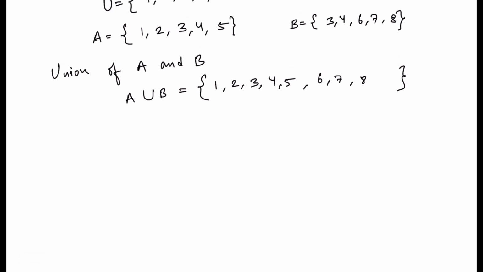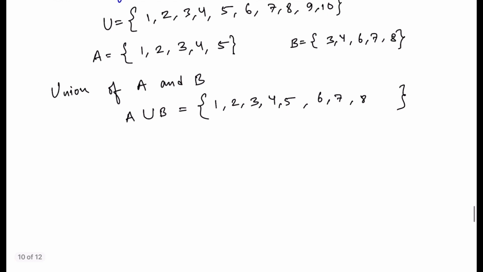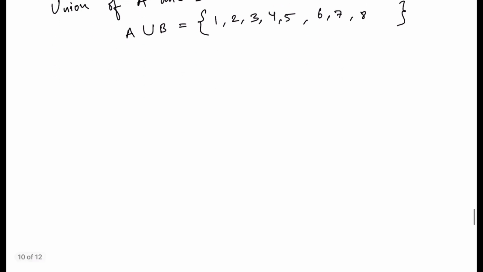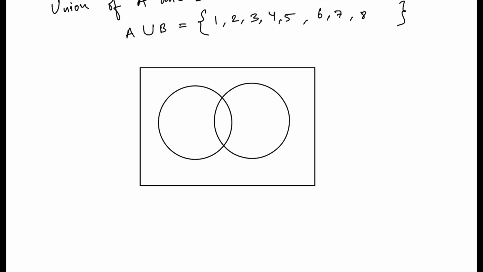Next we will draw a Venn diagram for union. We will draw a Venn diagram for A and B, then I will show you the region of A union B. Let's say this is the universal set, and this is set A. This is set B. What are the common elements? Common elements are 3 and 4.